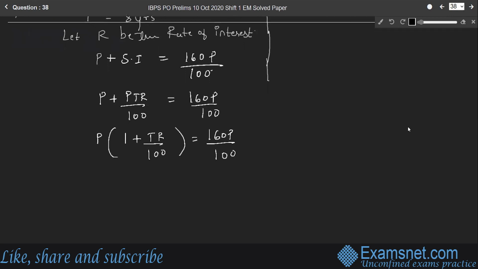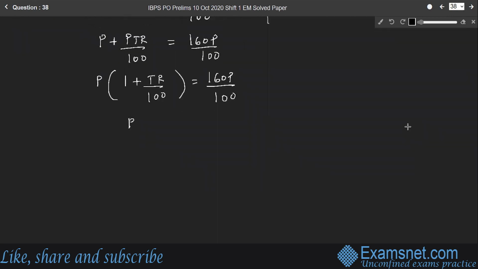So P into 100 plus TR, over 100, equals 160 P by 100. So the 100 and 100 will get cancelled. Therefore, even P and P will get cancelled. So 100 plus TR is 160.